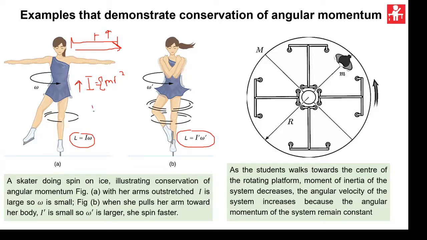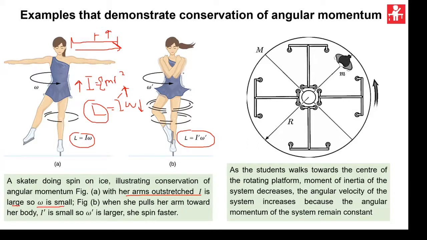And what did I say from the previous slide? If I increases, to keep the angular momentum constant, your omega must decrease, which is what the bottom statement says: arm stretched, I is large, so omega is small.